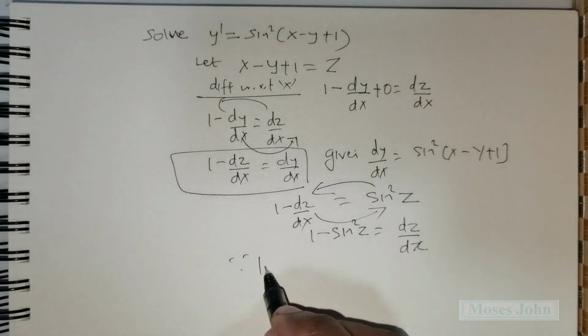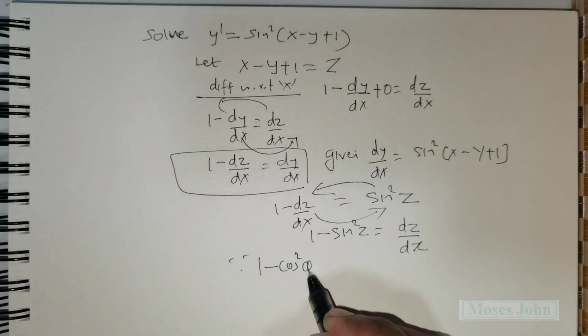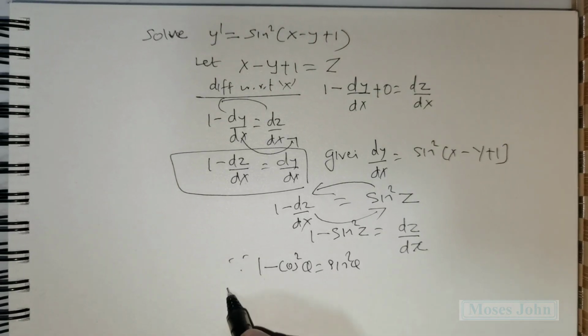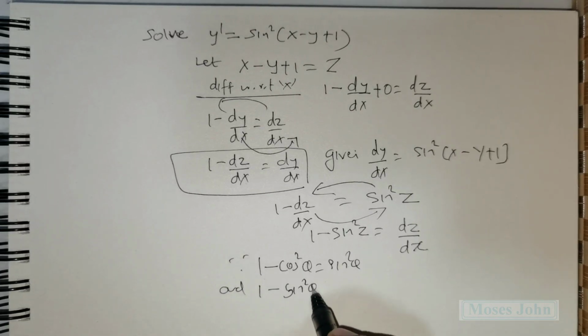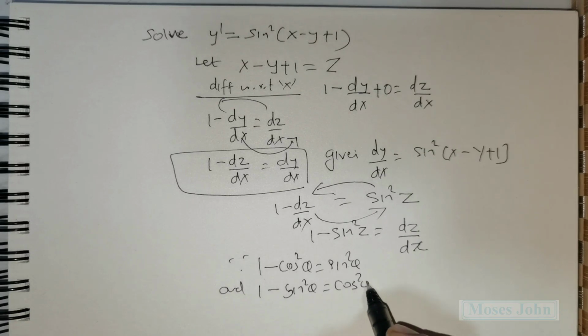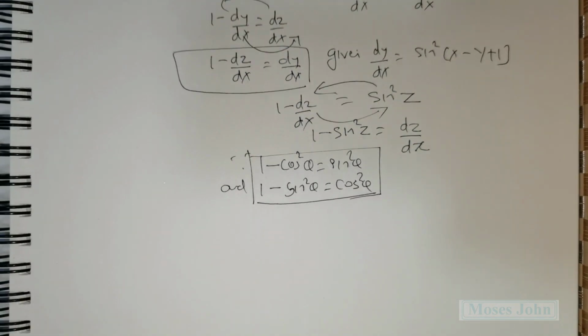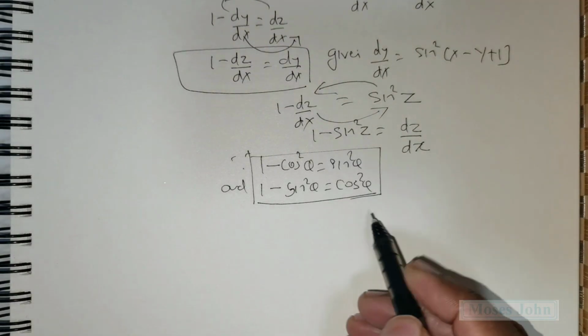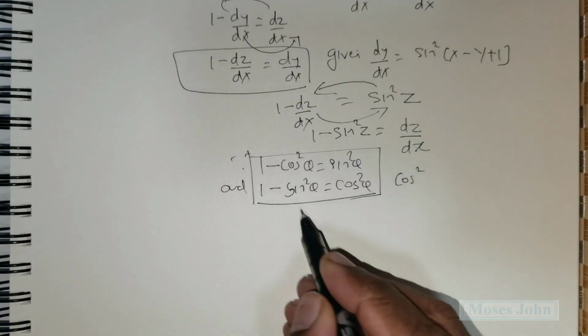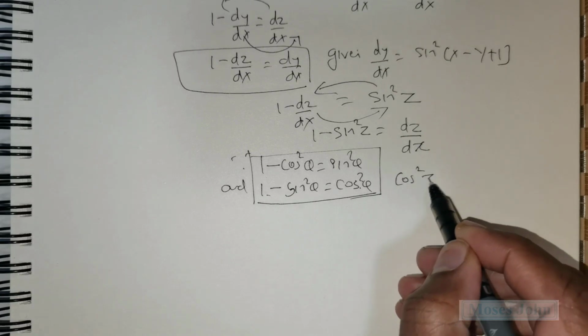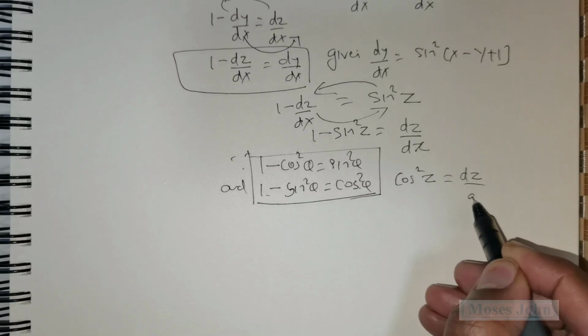Now since 1 minus cos squared theta is sine squared theta and 1 minus sine squared theta is equal to cos squared theta, we know this formula. Because of this formula, instead of 1 minus sine squared z, I'm going to use cos squared z. So that is going to be dz over dx.